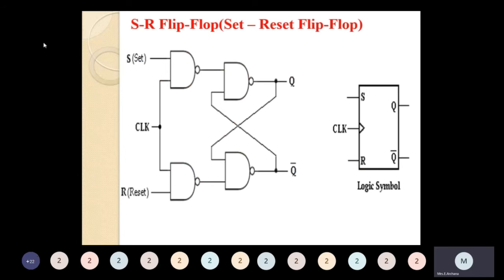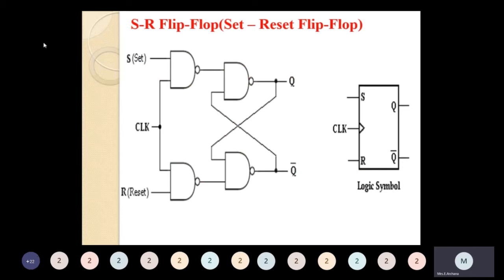Next we are going to see the logic diagrams for flip-flops. As a flip-flop, we have used NAND gates. The right hand side diagram is the block diagram, that is the logic symbol used for the set reset flip-flop.